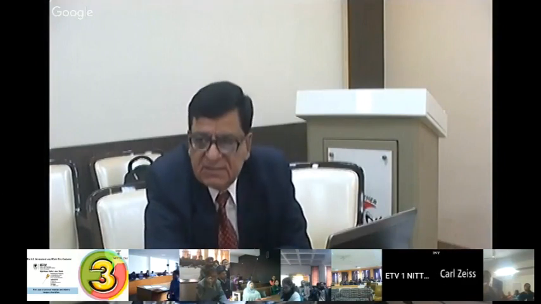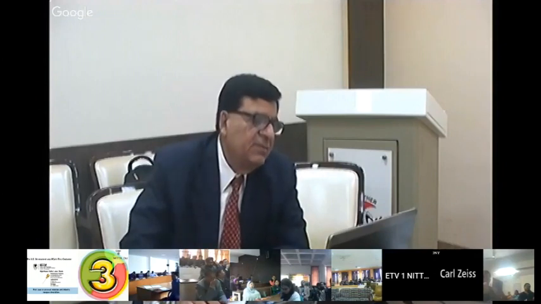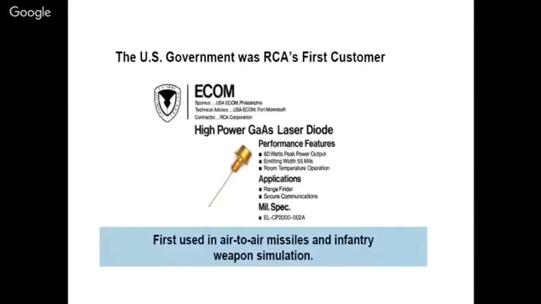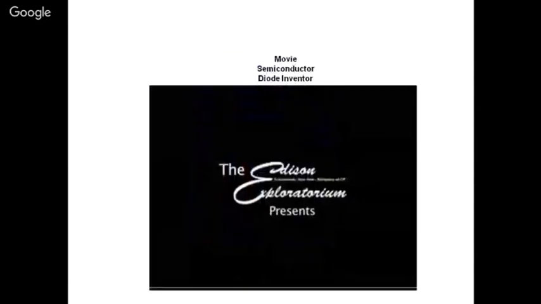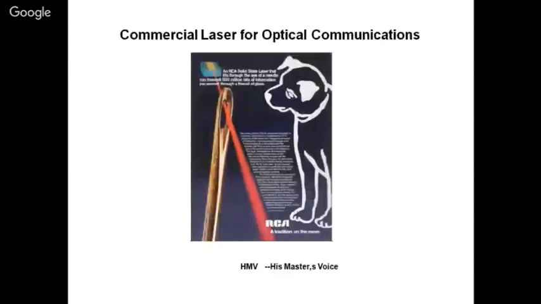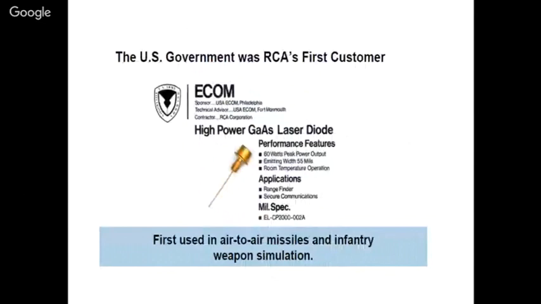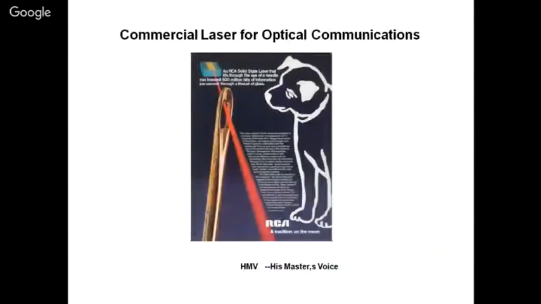So they gave a contract for developing lasers, and they had a gallium arsenide laser diode of the size of just a transistor. Yes, so they had this kind of laser, and they advertised that our light beam can travel through the eye of a needle.